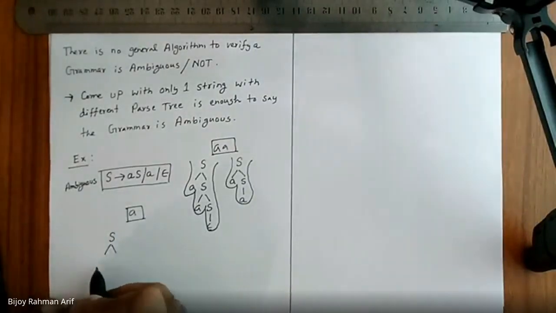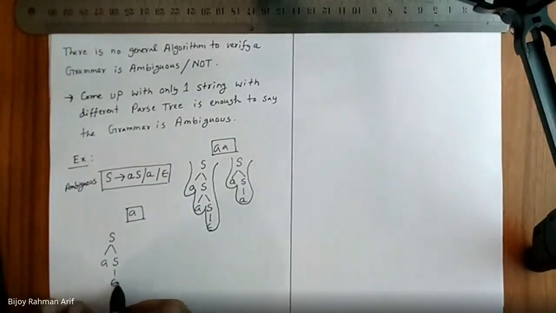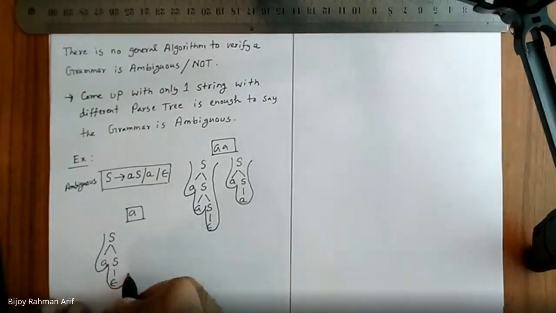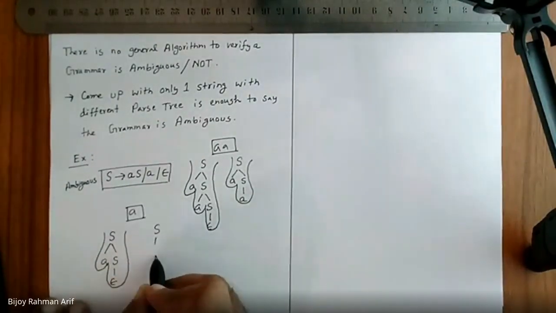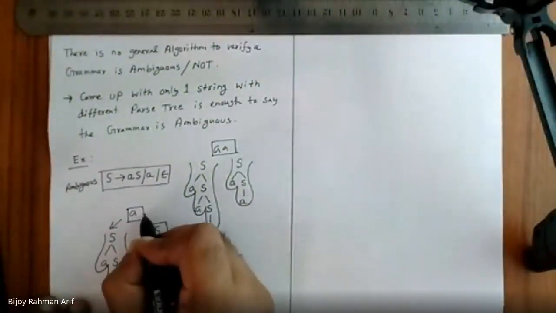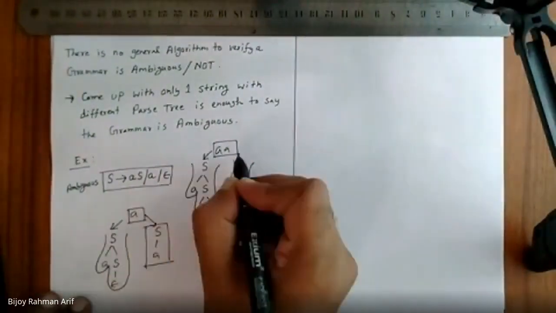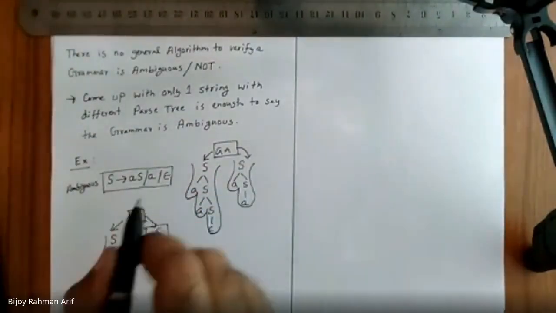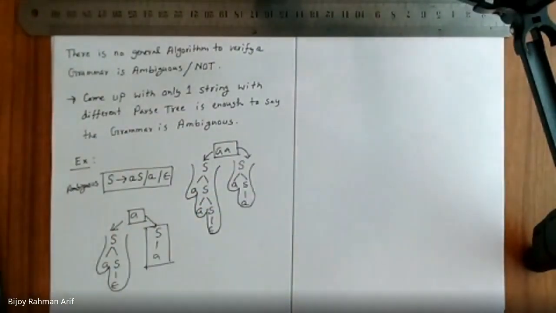S derives AS, S derives epsilon, so we get A. And how about S derives A? So two different parse trees. One single example is more than enough to prove a grammar is ambiguous.